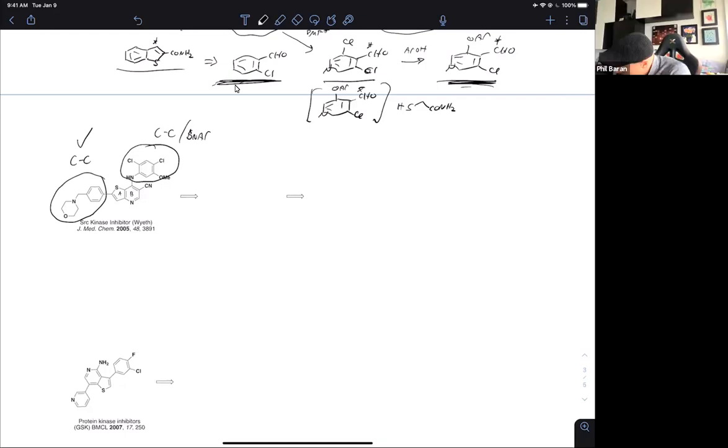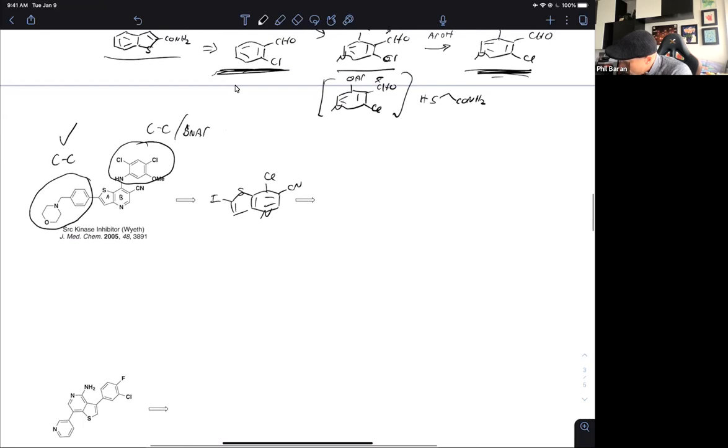So let's draw what intermediate we're left with. That compound, great. That should lead us to the product.